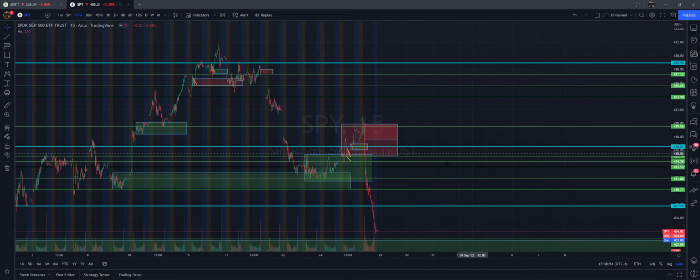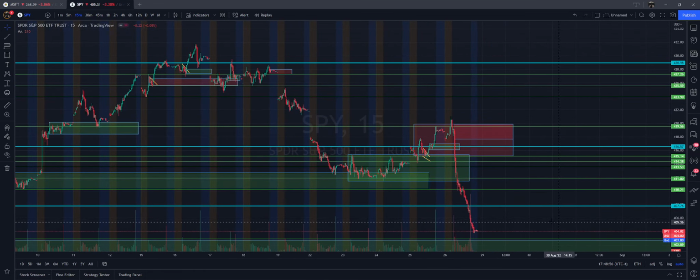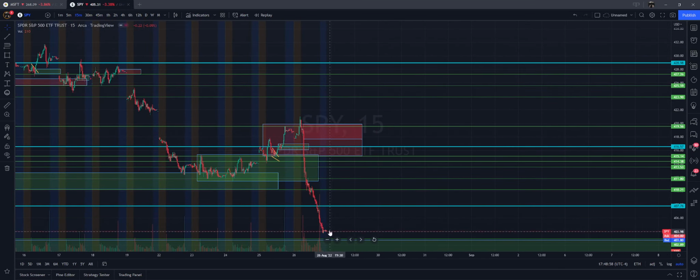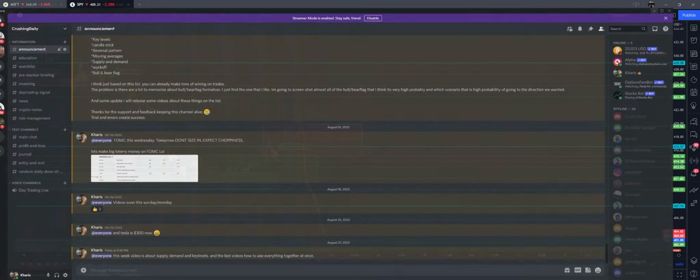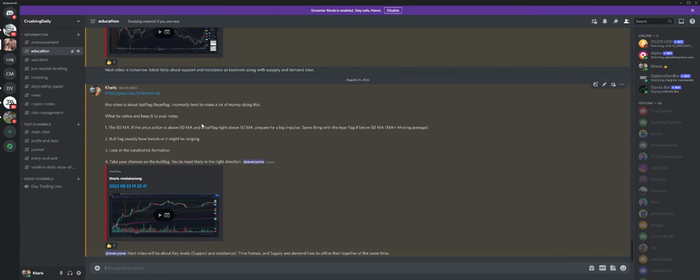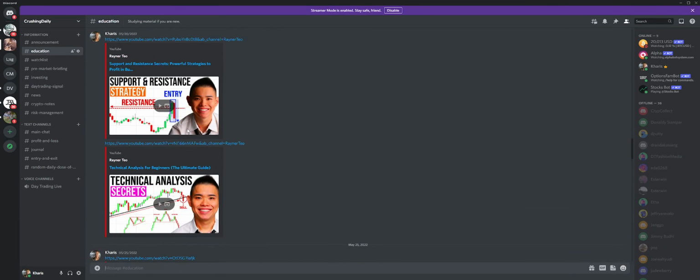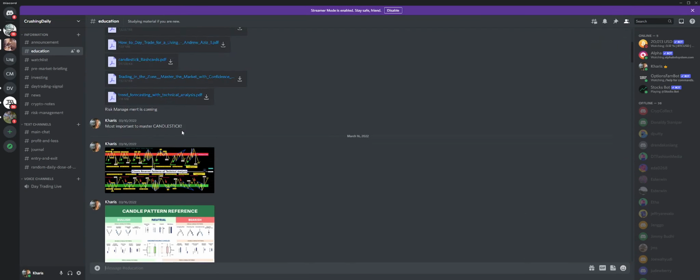So in order to know that there's going to be a bounce on the demand zone, I normally use this thing, a classic reversal pattern.